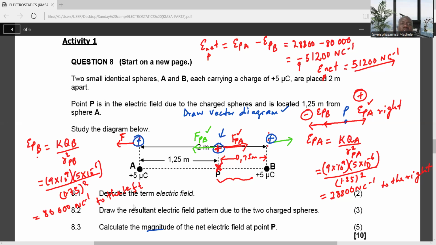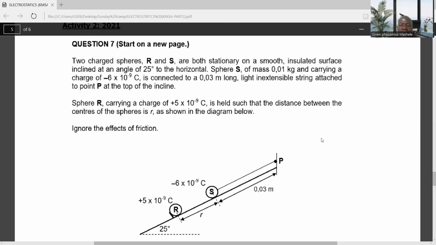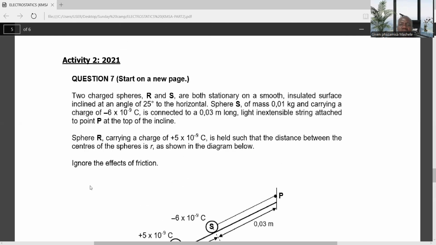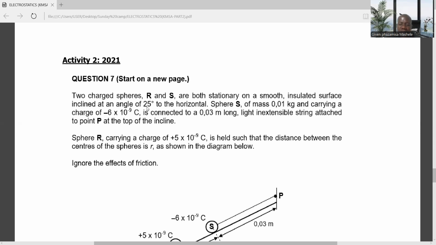Let's now move on to the next question. Now, this is the first one, then the second one. I think you guys can do this one on your own, but I can guide you.